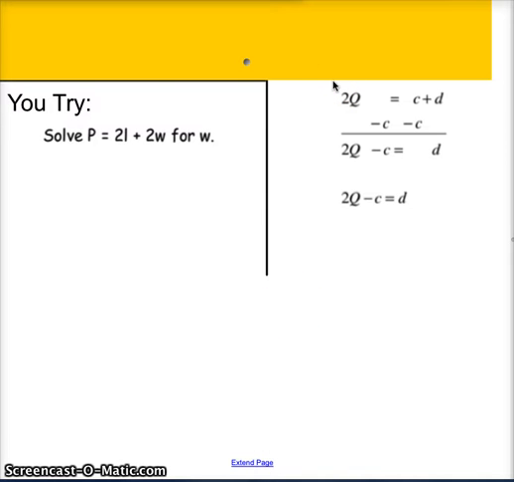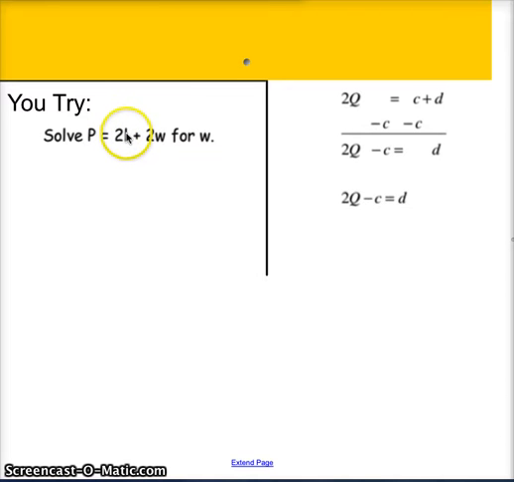Okay, so solve P equals 2l plus 2w for w. The first thing you should do is subtract 2l on both sides.